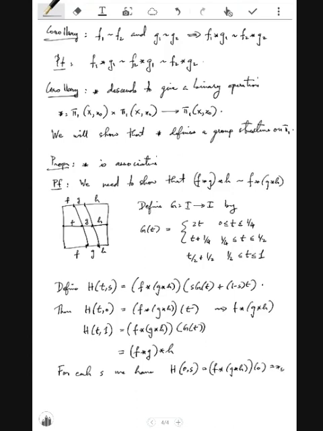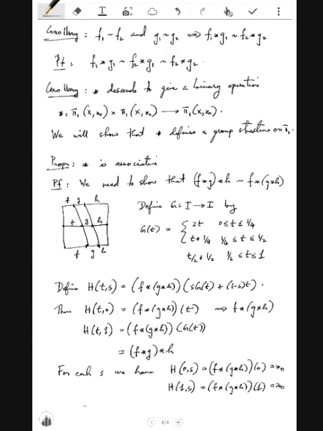This is x naught, and H of 1 comma s is f of 1, and this is equal to x naught.